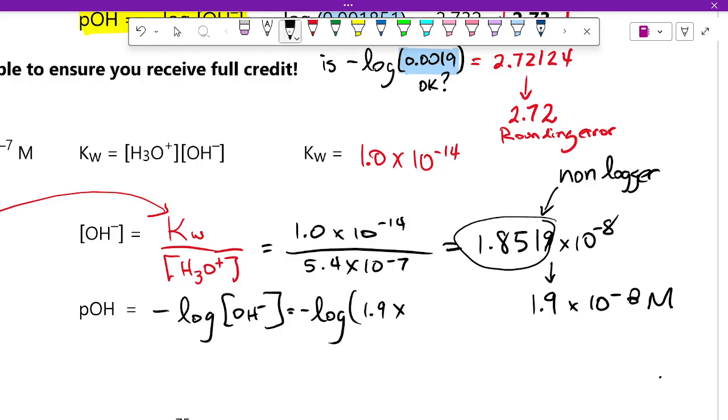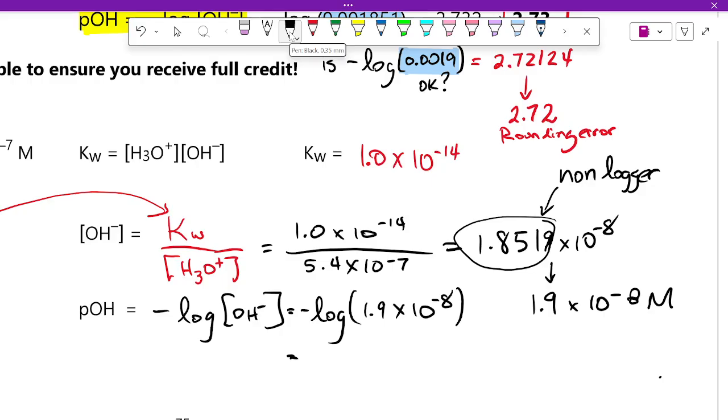Now, Justin, I wrote 1.9 times 10 to the negative 8. How old is that? In my calculator, do I have 1.9 times 10 to the negative 8? No, I have 1.851851852.